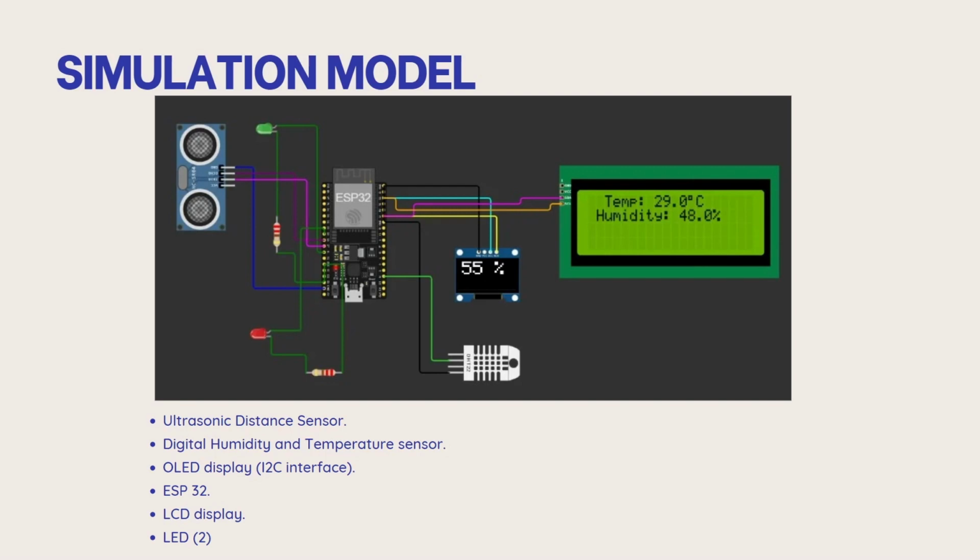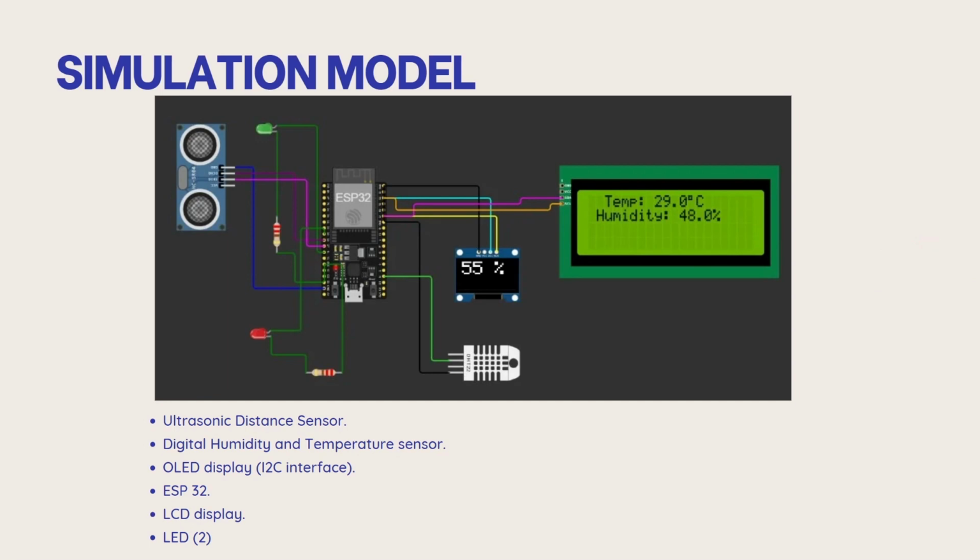This is our simulation model in Wokwi. In our simulation in Wokwi, it consists of first the ultrasonic distance sensor, which you can see on the top left, the blue one, and the digital humidity and temperature sensor, which is the white one on the bottom right, and the OLED display interface.